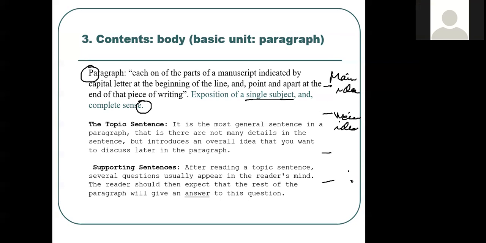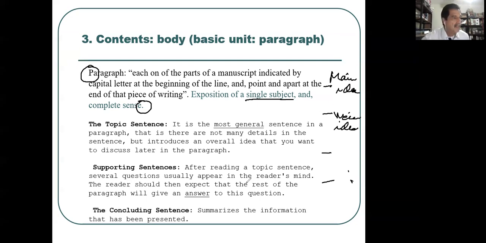The reader should then expect that the rest of the paragraph will give an answer to these questions. So here in the topic sentence, you give a general and overall idea, and immediately you have a general idea what to expect. But immediately you think, okay, I need to learn this, that, and that detail. Those are the supporting sentences. So inside the same paragraph, you present these details.